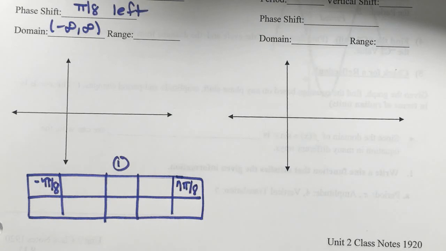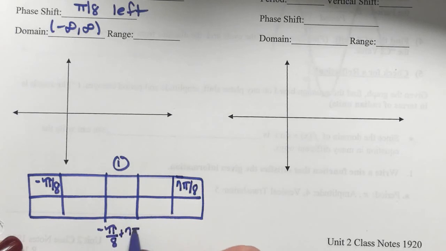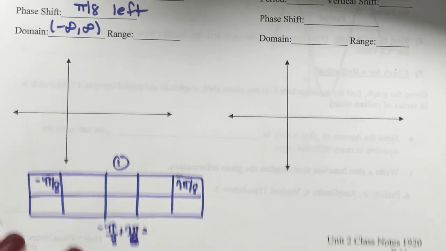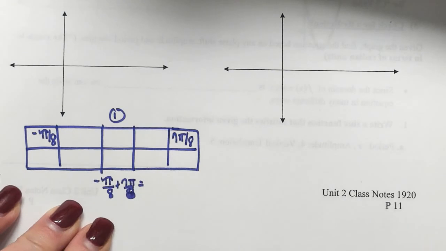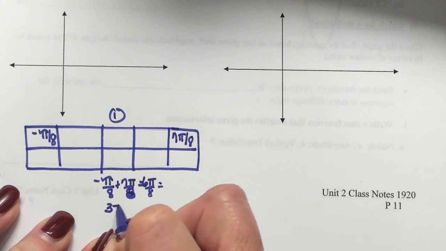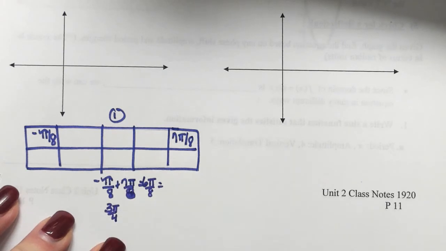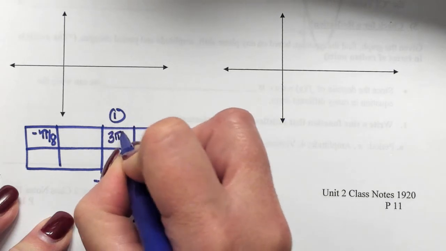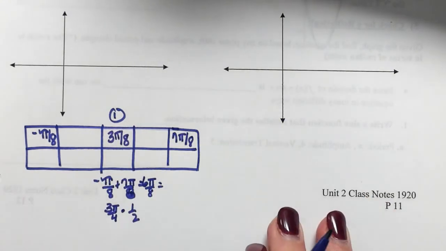If I add negative pi over 8 plus 7 pi over 8, that's going to give me 6 pi over 8, which I know is just 3 pi over 4. Divide by 2 or multiply by a half, that gives me 3 pi over 8. So any questions where we got 3 pi over 8 from?